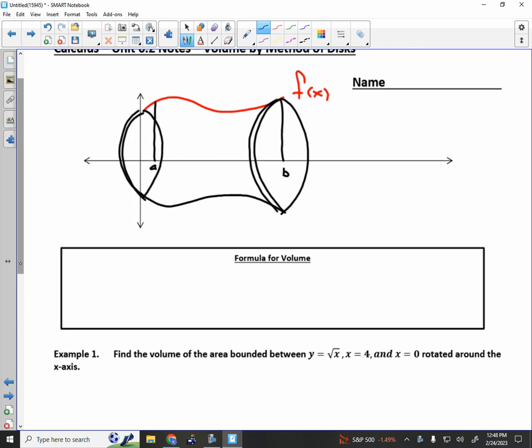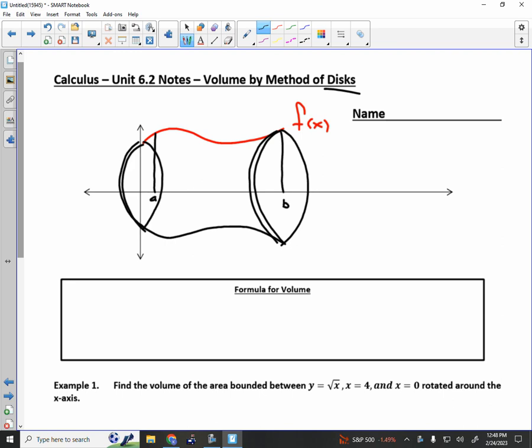You're going to get a circle, a really thin circle, aren't you? In fact, we're going to call it a disc. Because I'm drawing a three-dimensional shape on a two-dimensional surface, it does kind of look like a football right now, but if you think of it being revolved around, it's going to have the same distance here as it does there. So this is definitely a disc.